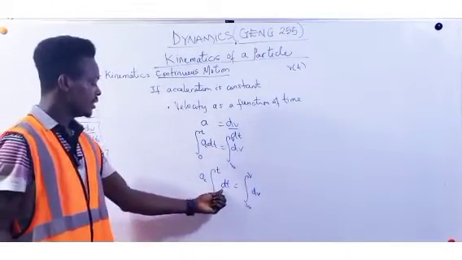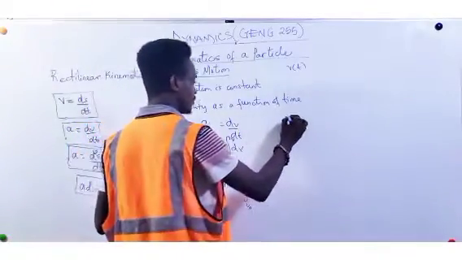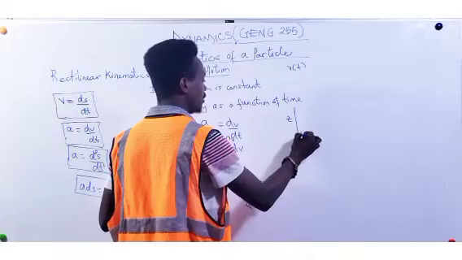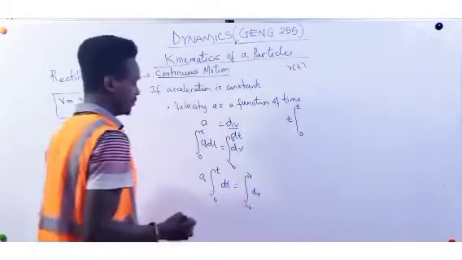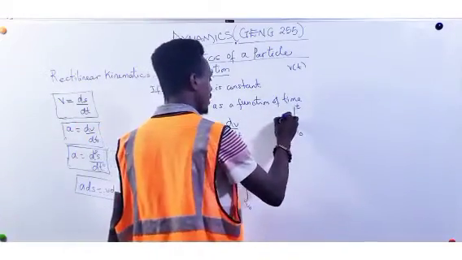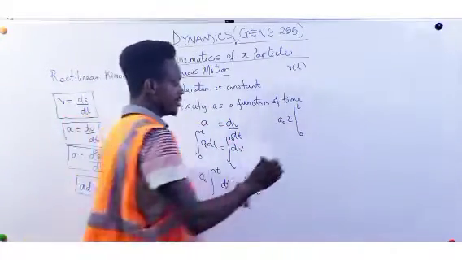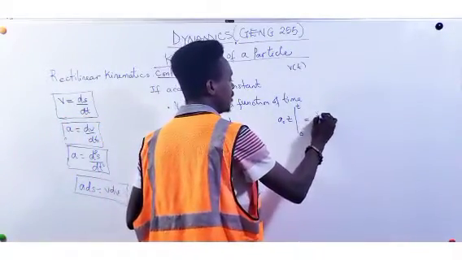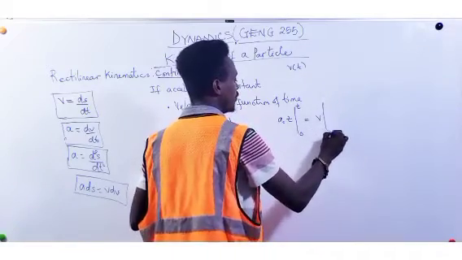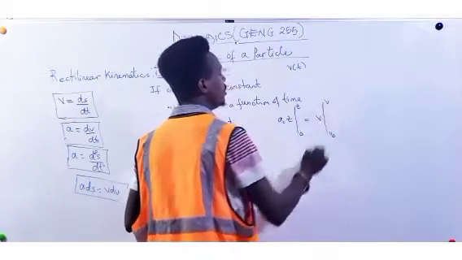If we integrate dt, we'll have t, an integral from 0 to t of ac. Again, if we integrate this, we'll have v on the integral of v naught to v.